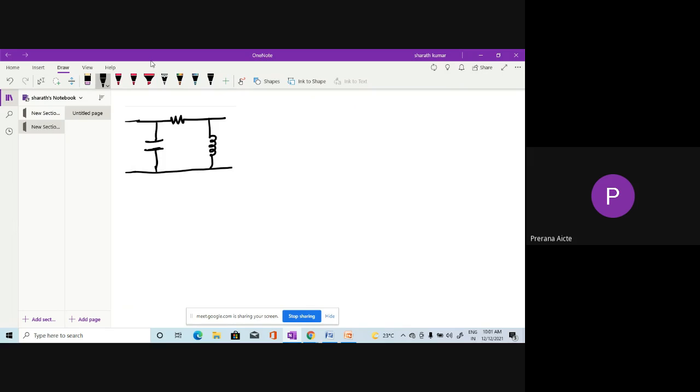Compute Y21, this is what the question asks. I have the values in such a way that C is here, L is here, and they mention 1 ohm here.